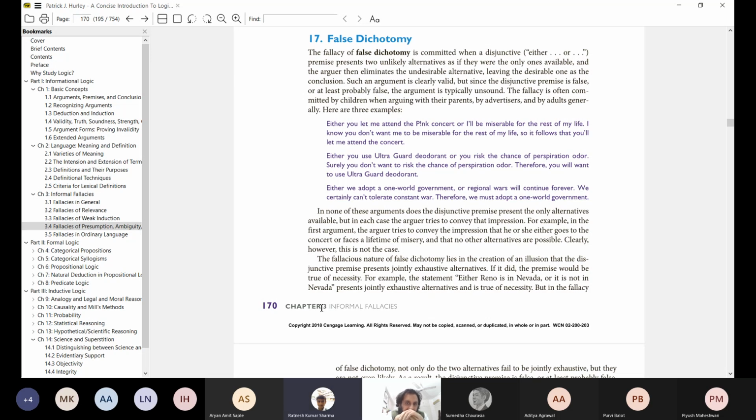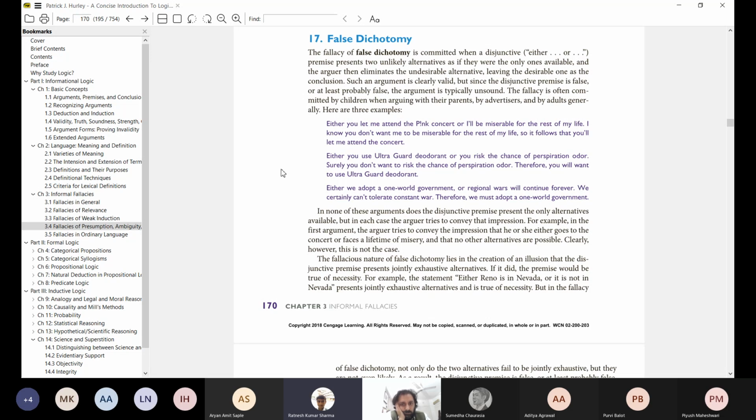Such an argument is clearly valid, but since the disjunctive premise is false, or at least probably false, the argument is typically unsound. The fallacy is often committed by children when arguing with their parents, by advisors, and by adults generally. Here are three examples.